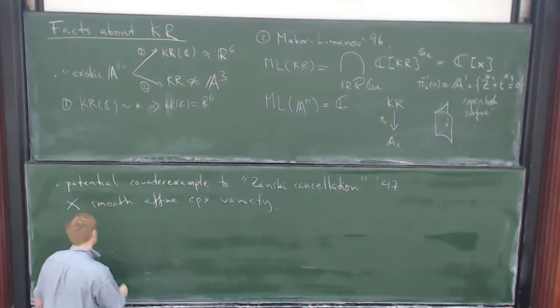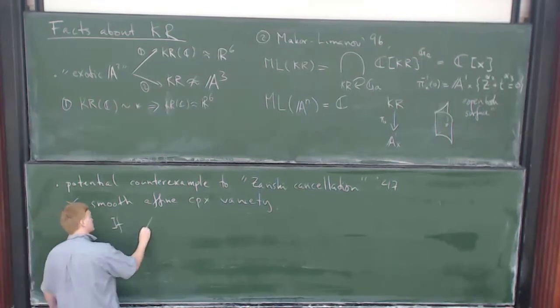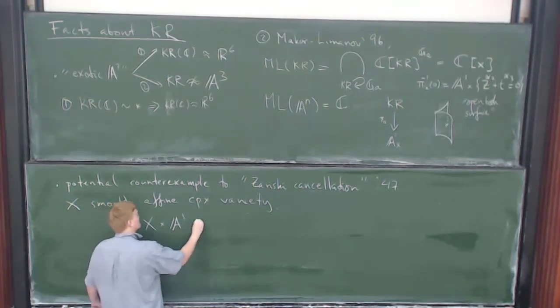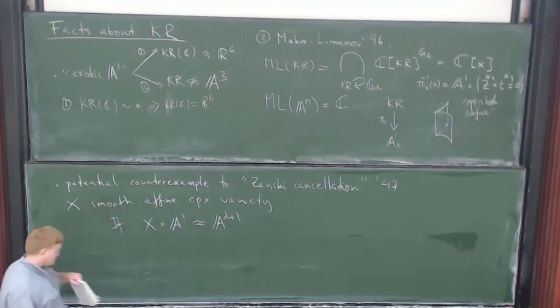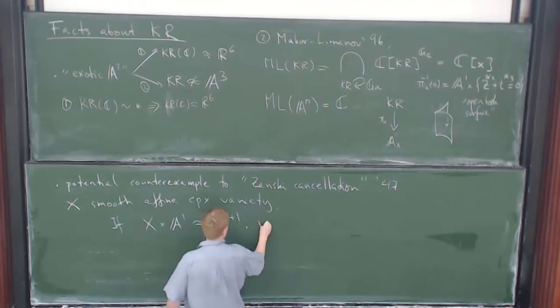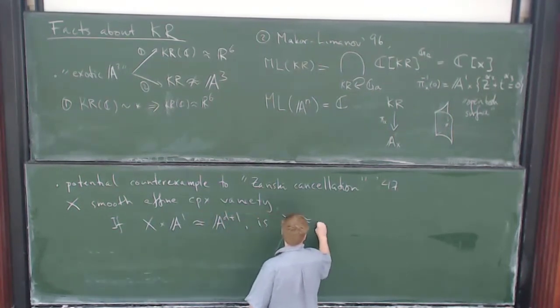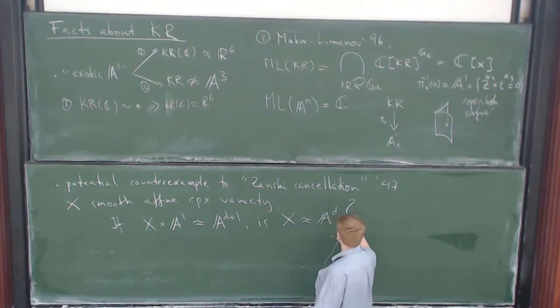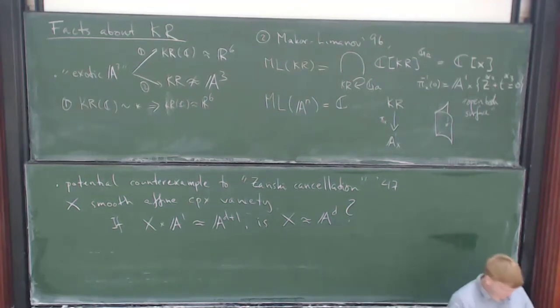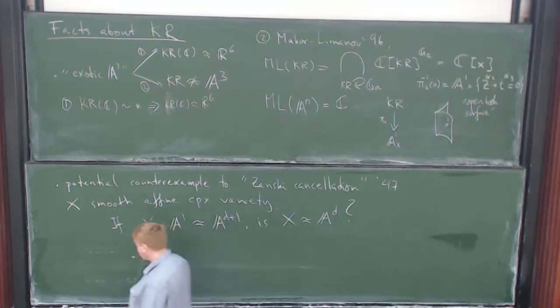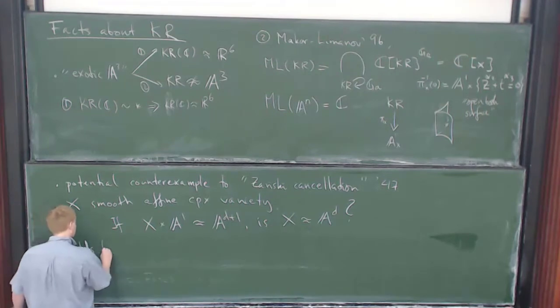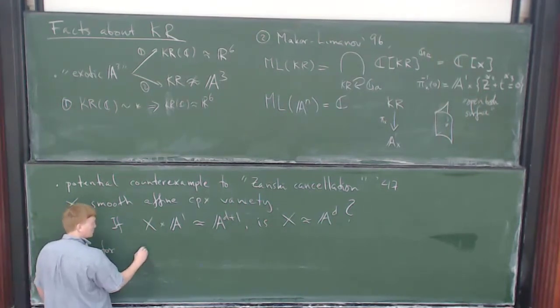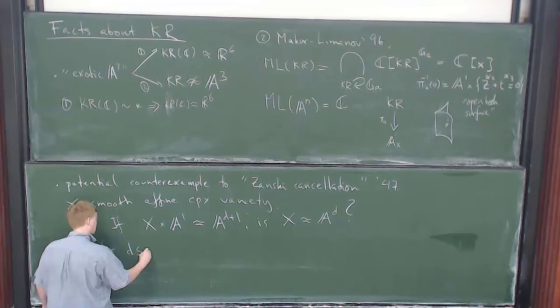So if it happens that the cylinder on X, if this here is an affine space, then is X itself an affine space? Classically this holds for n less or equal to 2, or d less or equal to 2.